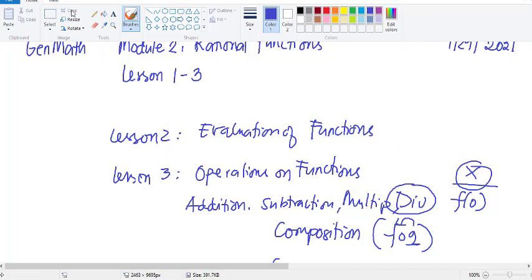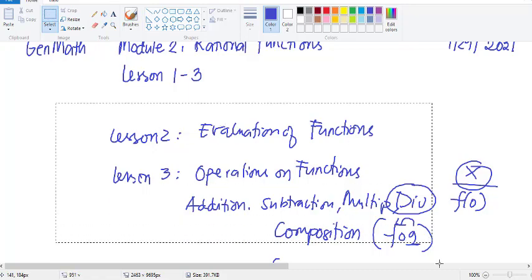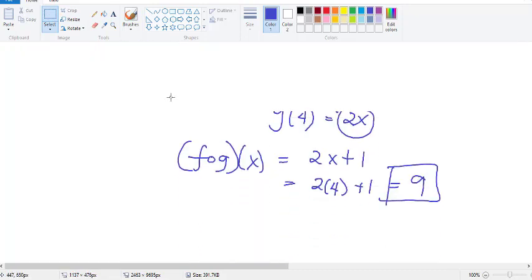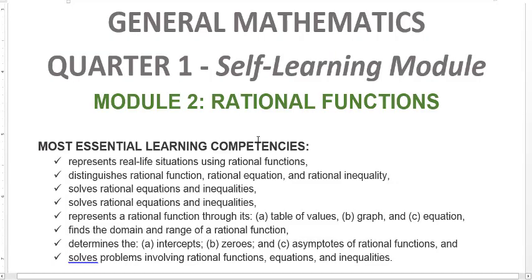Just a quick review of module 1. So okay, now moving on to module 2, which is rational functions, looking at your self-learning modules. The most essential learning competencies, or the objectives, ano yung mga dapat nyo matutunan sa module na to, are madami, no?